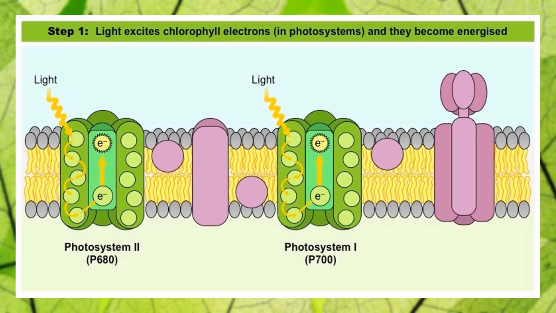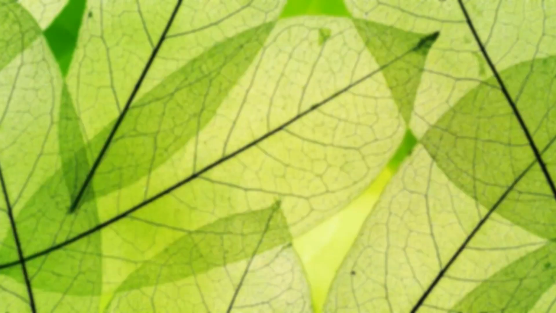When a photosystem absorbs light energy, the localized electrons within the pigments become energized or excited. These excited electrons are transferred to carrier molecules within the thylakoid membrane.